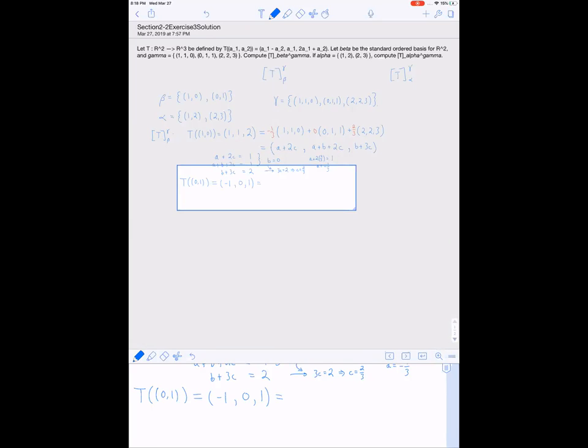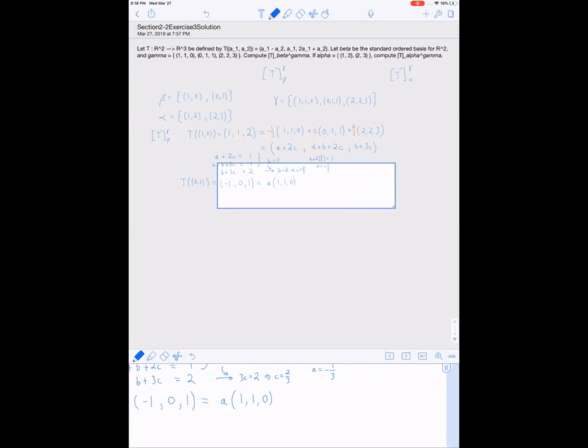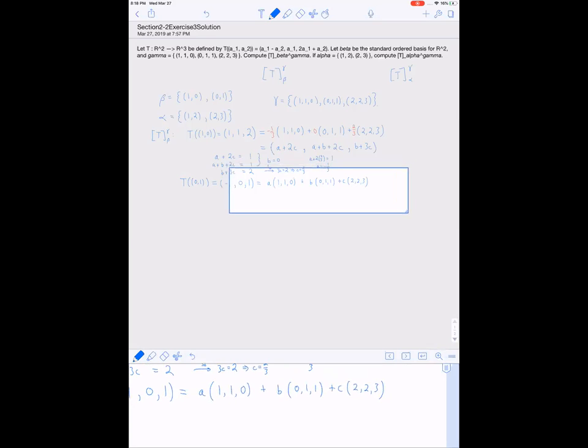And we want to write this as a linear combination of the same basis vectors, A times 1, 1, 0 plus B times 0, 1, 1 plus C times 2, 2, 3. And again, let's just combine these into a single vector so we can see more clearly what's going on.